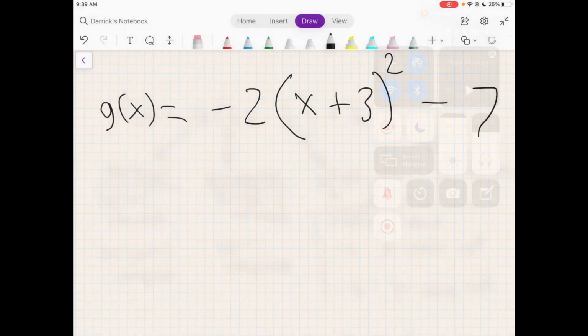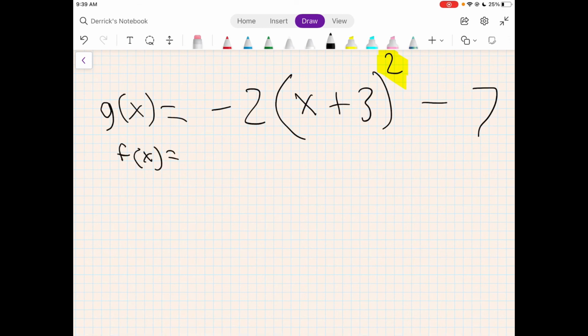Let's take a look at this equation, this function, as an example. So if I want to find the transformations, we want to list out the transformations here. First, we have to determine what type of function this is so that we can compare its parent function to what we have here. Well, since I see this 2 exponent, that would make this a quadratic. We know from our parent function lesson that the parent function for a quadratic is f of x equals x squared.